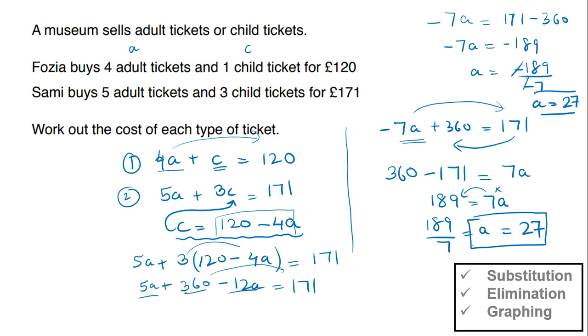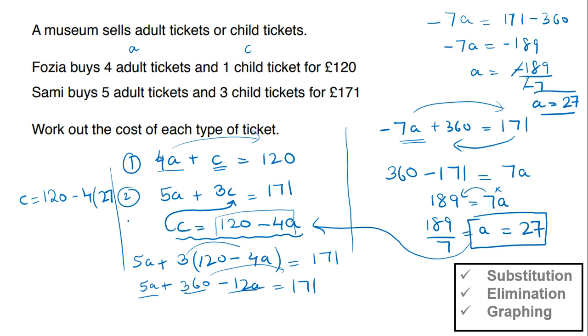Now that I have my a, I gotta put this back in my rearranged formula for c to figure out my c. Now my c was equal to 120 minus 4a. Now a means that I have a value for a that is 27, so I'm just going to put 27 here in the bracket. And what is 4 times 27?